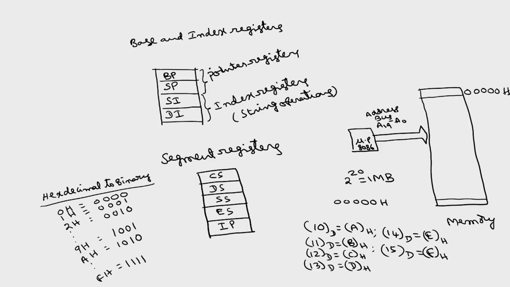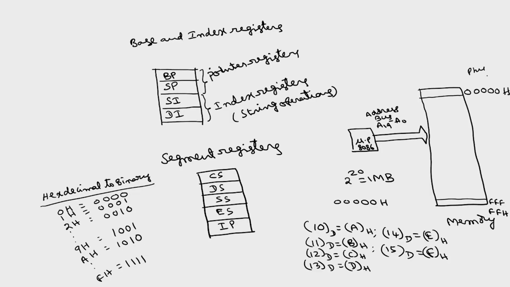So, the starting address of this memory is 00000H and the ending address will be FFFFFH, 5 Fs. Each F is equivalent to 4 bits, so total 20 bits, all 20 ones. So, this is the starting and ending address.